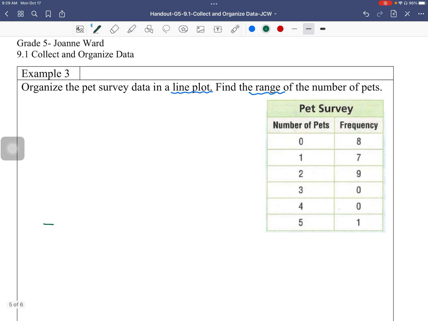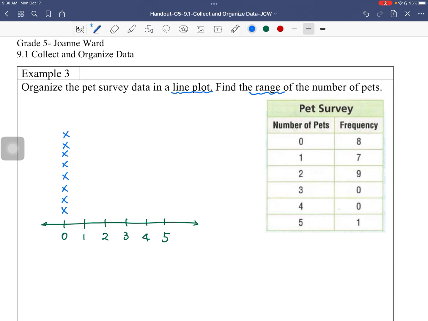So now I have a number line from 0, 1, 2, 3, 4, 5. For 0, my frequency is 8. So then I give an X for each response in the frequency table. So 1, 2, 3, 4, 5, 6, 7, 8.